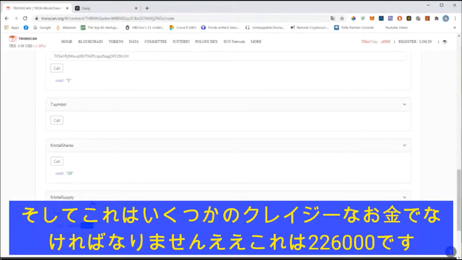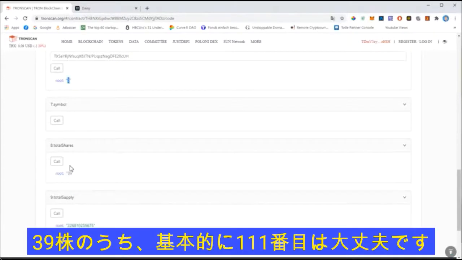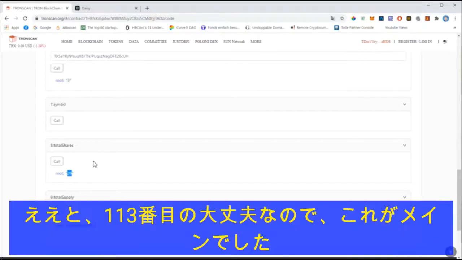Yeah, well, this is 226,000 that will be distributed across those 39 people, and this person will get 3 out of 39 shares, right? So basically 1/11, okay? No, 1/13.